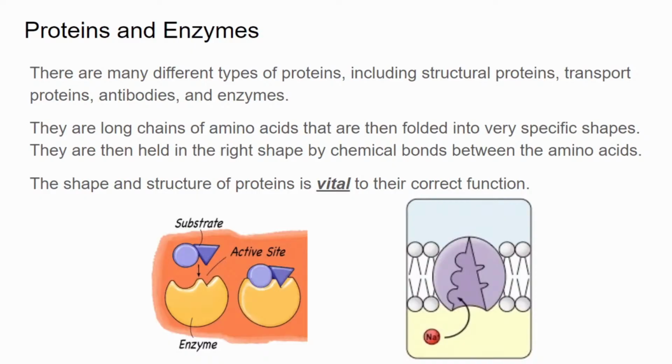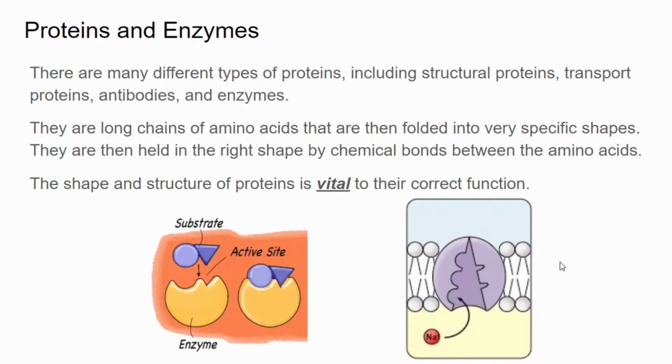That shape and structure of the proteins is vital to their correct function. On the left-hand side, we have an example of an enzyme. We can see our substrate, our circle and our triangle, fitting nicely into the active site of our enzyme. If our enzyme were to change shape, our substrate wouldn't be able to fit in here. So the shape of our enzyme is vital to its function.